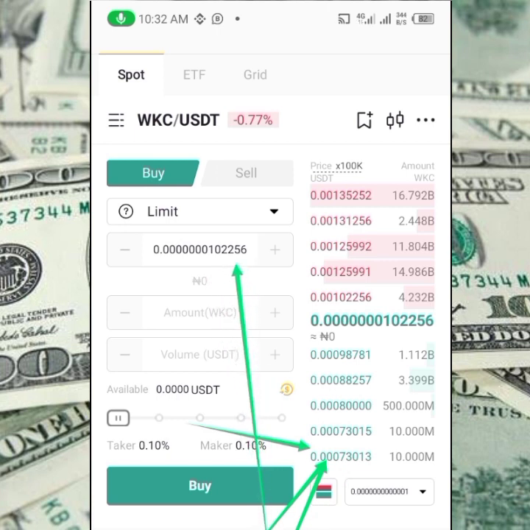First, erase this amount, and also be mindful of the number of zeros here. There are 7 zeros before this one. Hope you're getting it clear. Now, if you want to buy at this very amount, let's erase this amount.